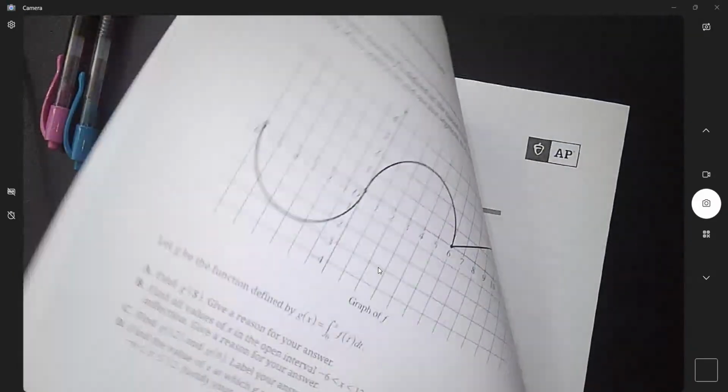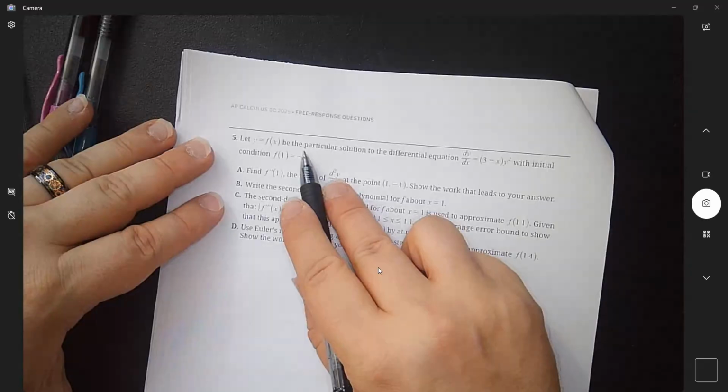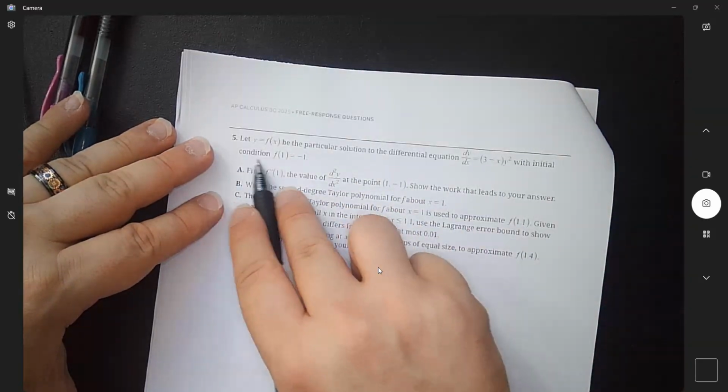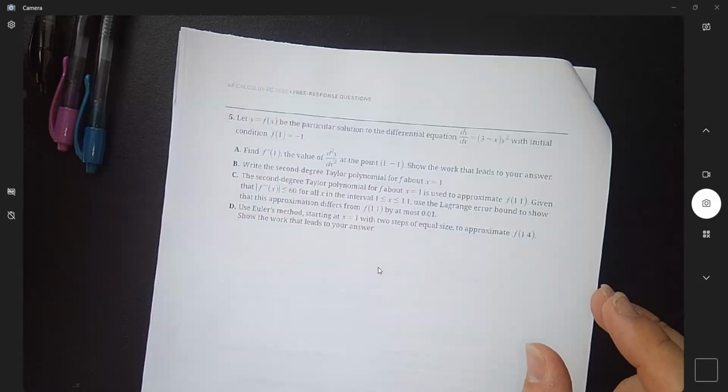Let's do the end of BC calculus really quickly here. So we did those. Let f of x be the particular solution to this differential equation with this initial condition. Find the second derivative.